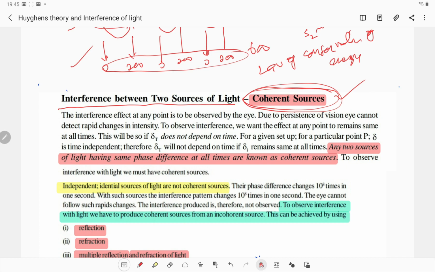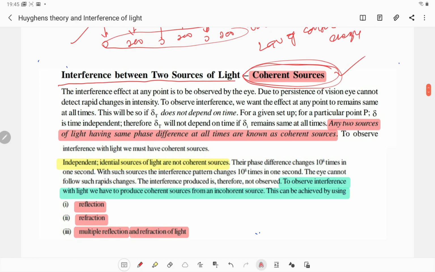See here, the interference effect at any point is to be observed by the eye. Due to persistence of vision, the eye cannot detect rapid changes in intensity. Therefore, to observe interference, we want the effect at any point to remain the same at all times.